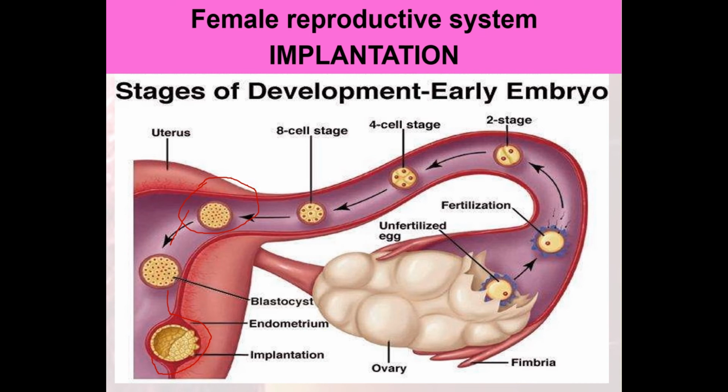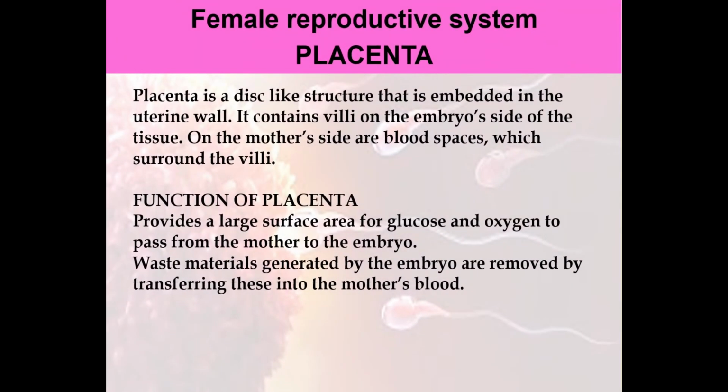This process of attachment of the blastula, the next stage of the morula, to the uterine wall is called implantation. After implantation, the division process and the growth process become faster.